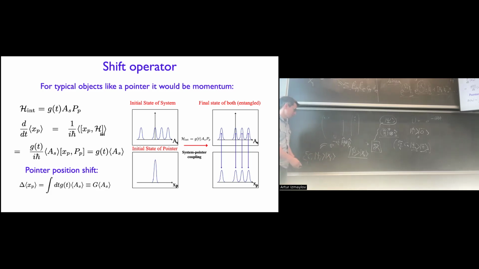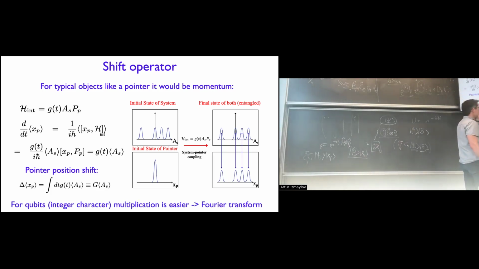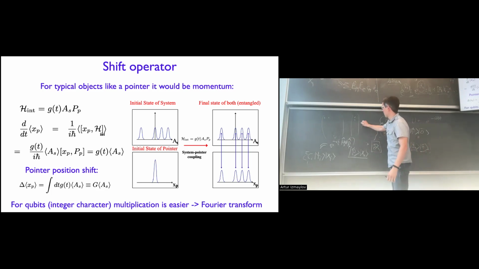This entangled superposition. And when we do the measurement, we will collapse to some state of the pointer, right? With the probabilities defined by the coefficients. All right, so this is how the measurement is done. The problem with this is the operator, the one that does the shift, is the momentum, right?